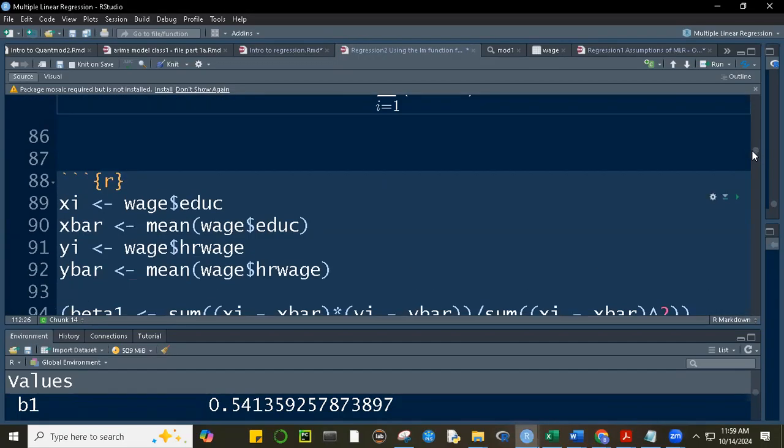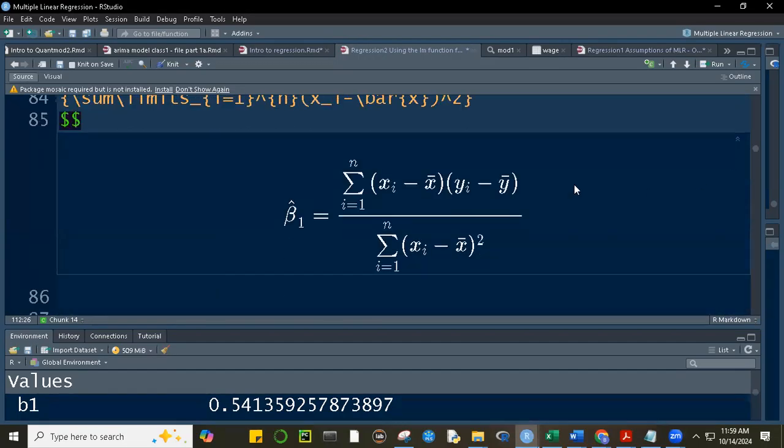Kasi na-cancel lang, class. May n minus 1 talaga yan, kasi covariance to, ito naman variance. Covariance ng x and y, ito naman variance ni x. So, kinancel lang yung n minus 1. But the complete formula is really may n minus 1 dito, may n minus 1 dito. That's why you can say that it's a covariance of x and y divided by the variance of x.